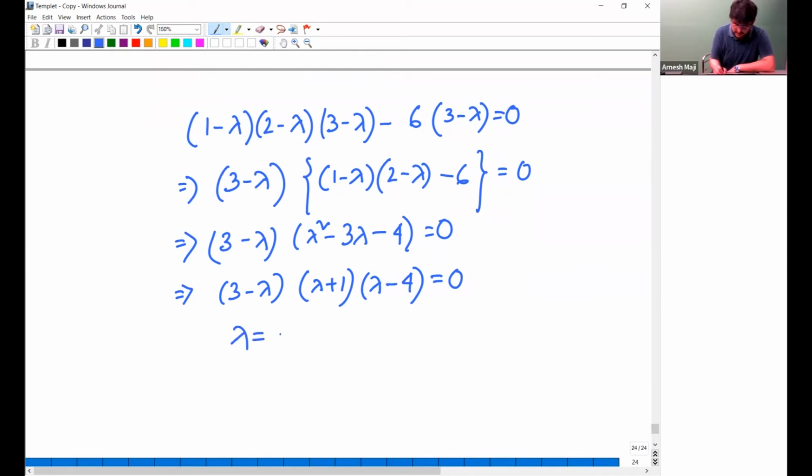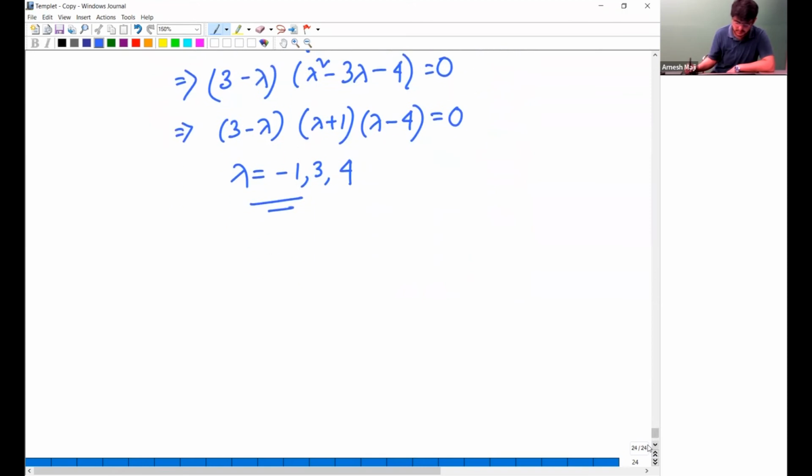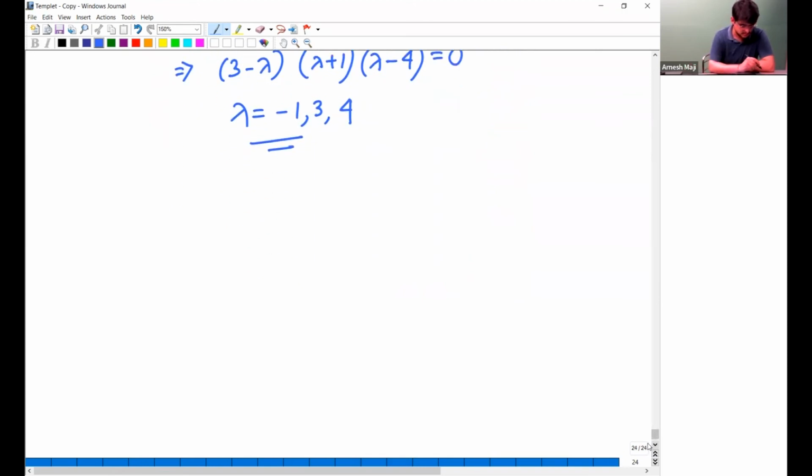We have three distinct eigenvalues here: -1, 3, 4. So again, we will have three eigenvectors here. I have shown you in the previous example how to find eigenvectors, so I'm not showing that here.